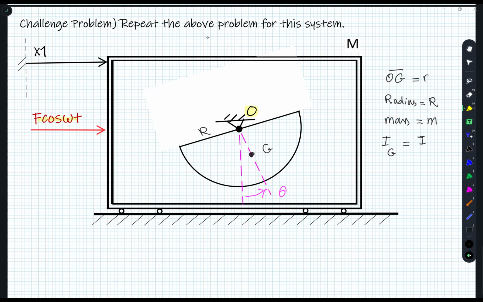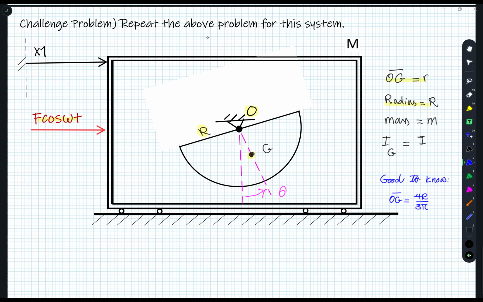So the information that we have: the distance between the centroid and point O is given to you. The radius of the disk is R. I just selected the parameters like that, but it's good to know, though you don't need it for the solution of this problem, that OG is actually 4R over 3 pi.